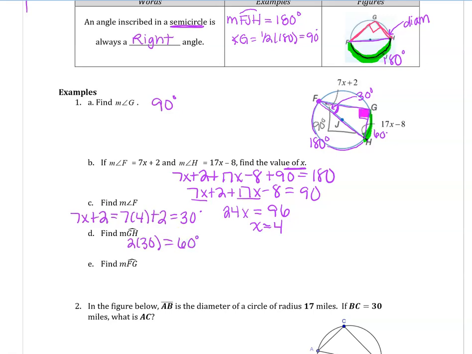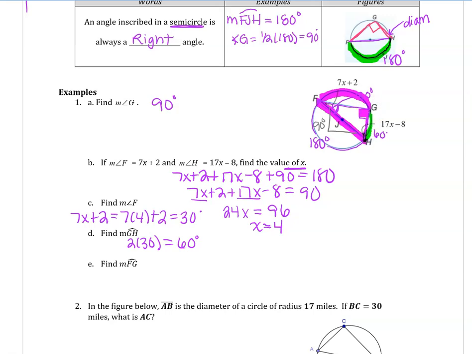If I want the measure of arc FG, I know this is the minor arc, because otherwise they would have said FHG going around the other way. That arc is intercepted by this angle.